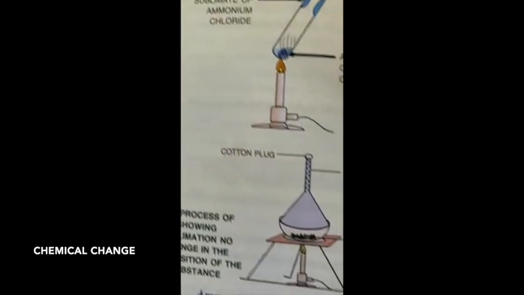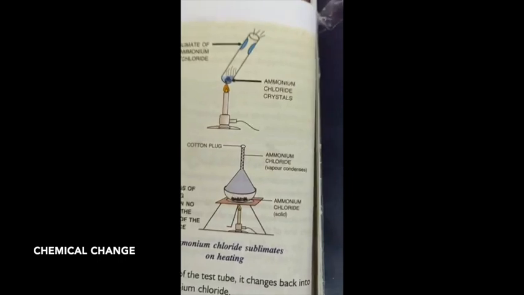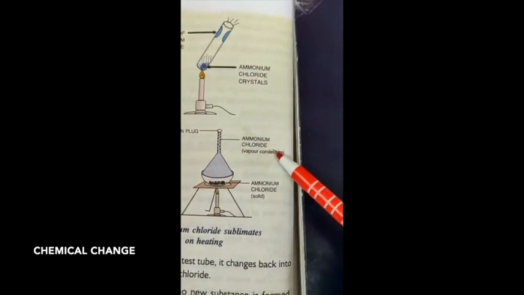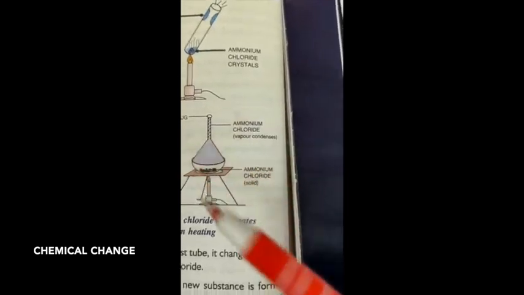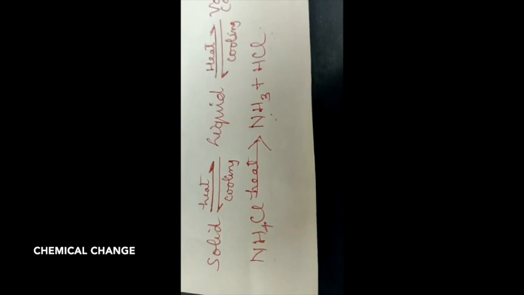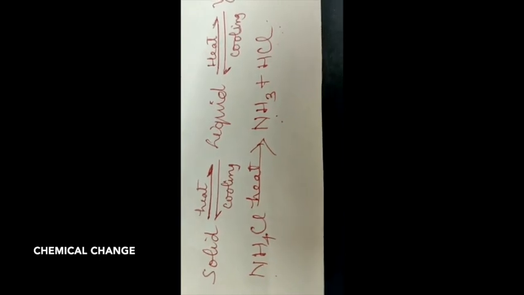The physical change is that the solid ammonium chloride gets converted to vapor state, and the vapor state, that is gaseous state, gets converted back to solid state on cooling, and simultaneously a chemical change takes place. Ammonium chloride on heating also decomposes, means breaks down, to ammonia and hydrogen chloride.